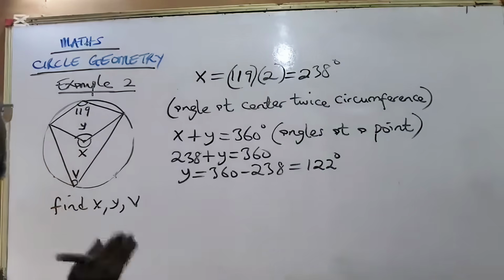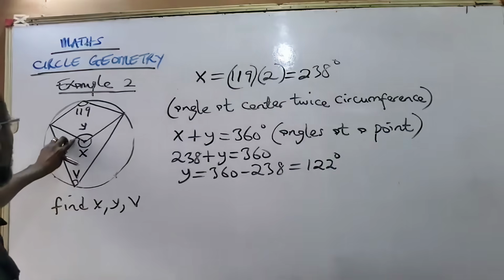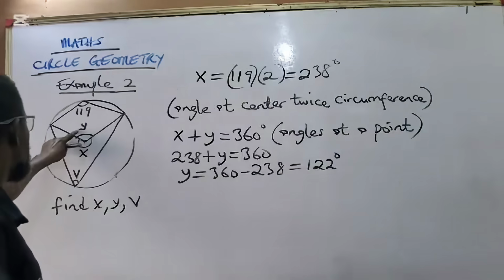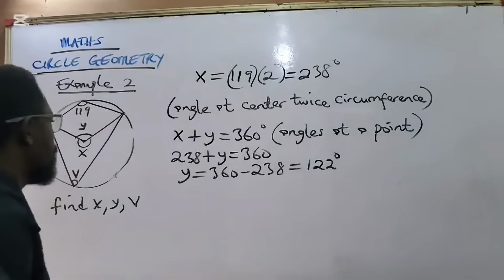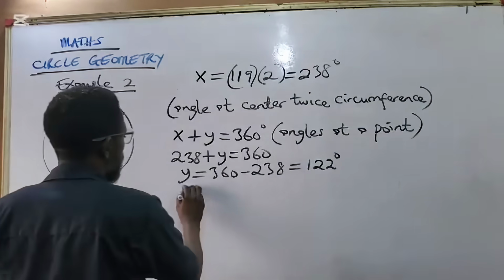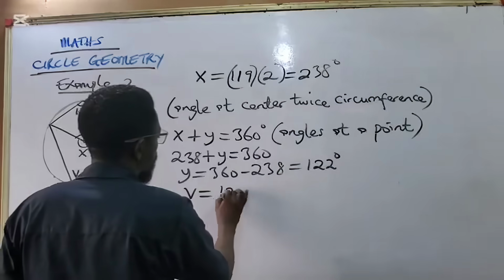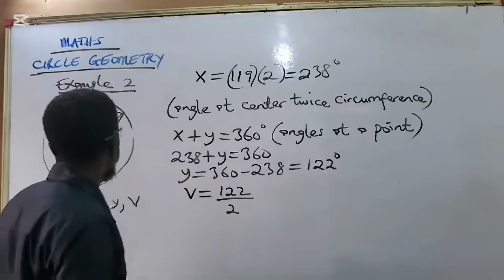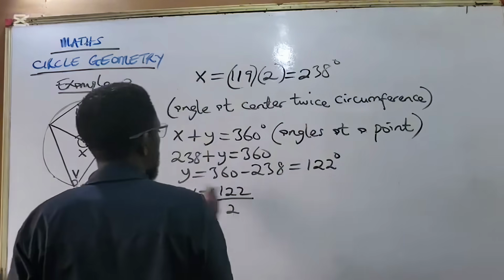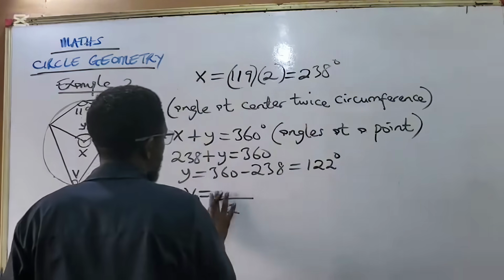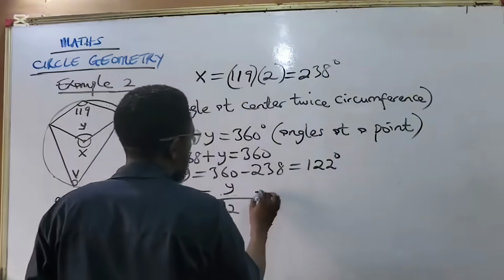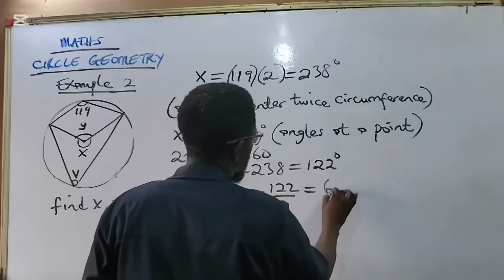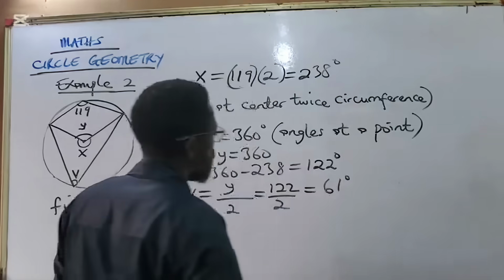So this y is the angle at the center for this one, and this one is going to be twice the value of v. So I'll get v equal to y over 2. That will be 122 over 2, and that is 61 degrees.